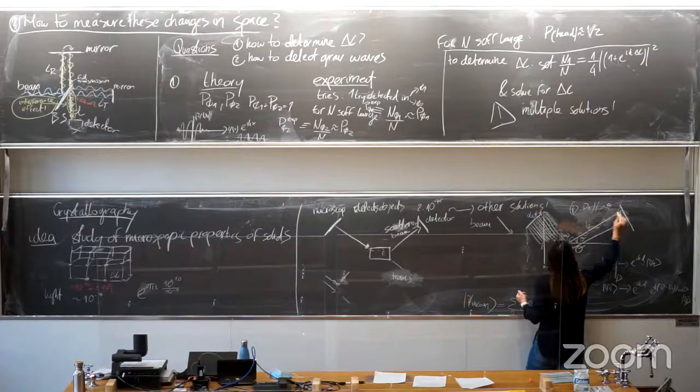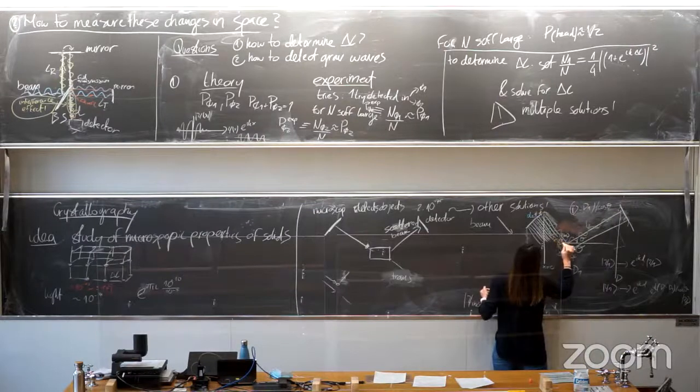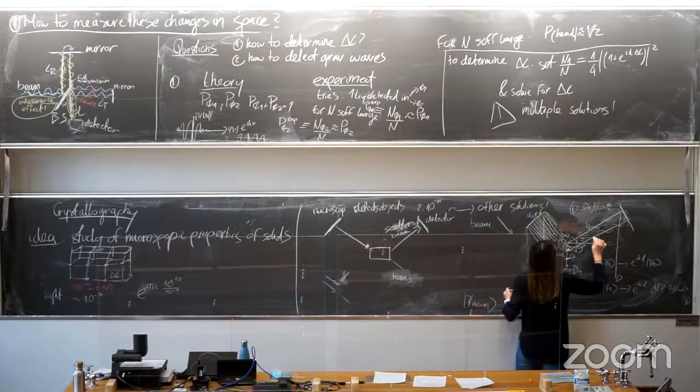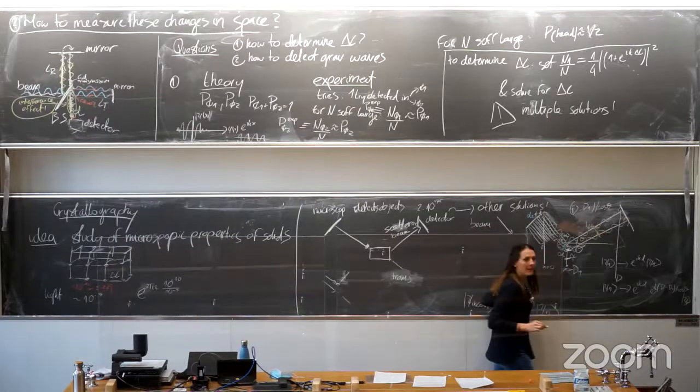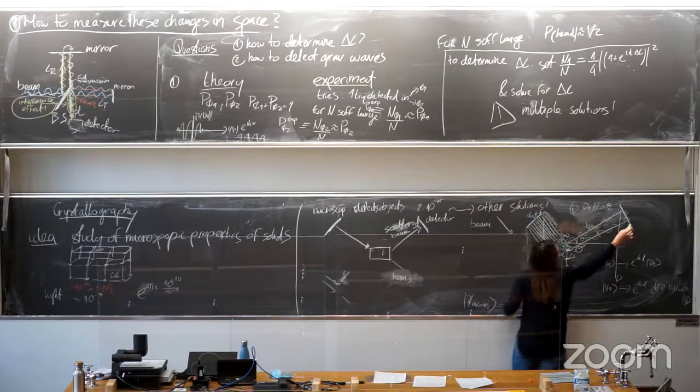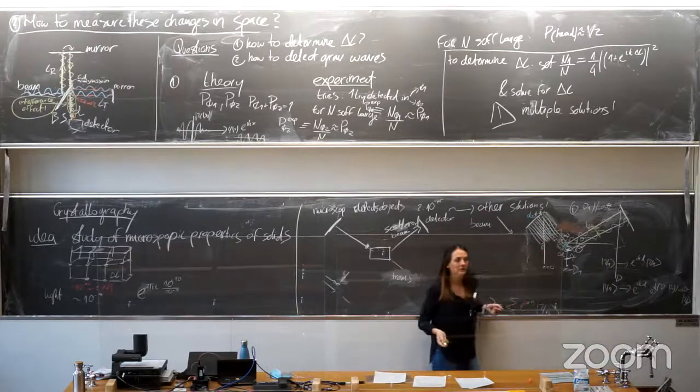But as this beam travels a little bit more, if here there is a maximum, here we don't have a maximum. And same for other waves. And the resulting wave is the sum over this, which then gives the amplitude of the resulting beam. Does it make sense?